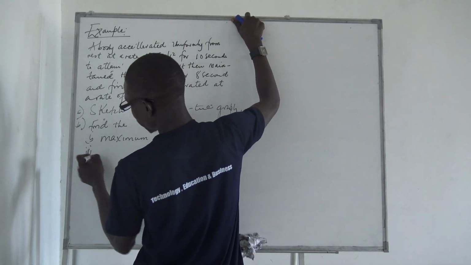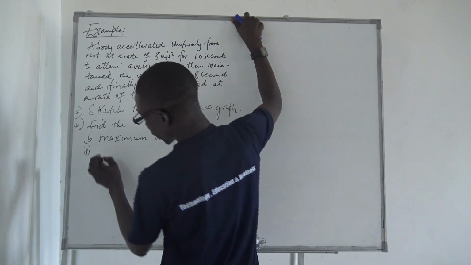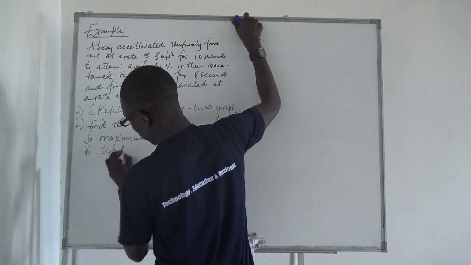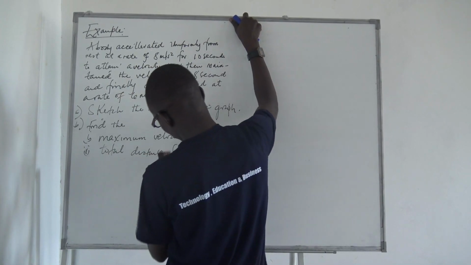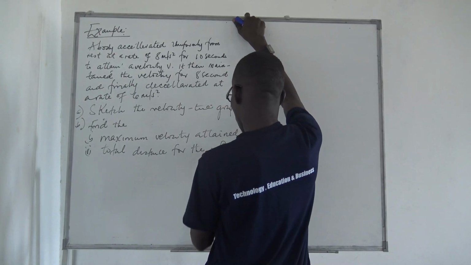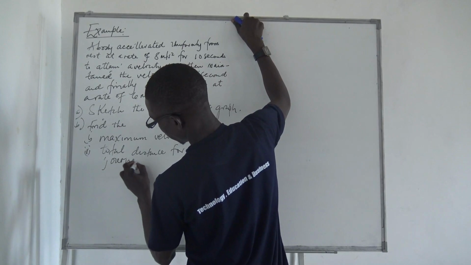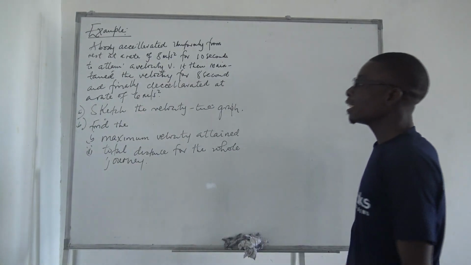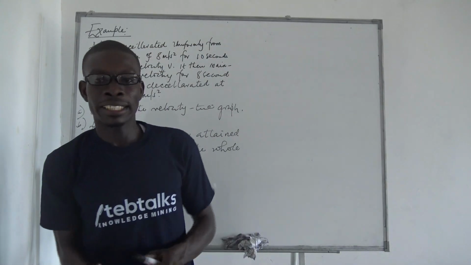And then part Roman 2 could be the total distance covered for the whole journey. That is it. That is our good example.